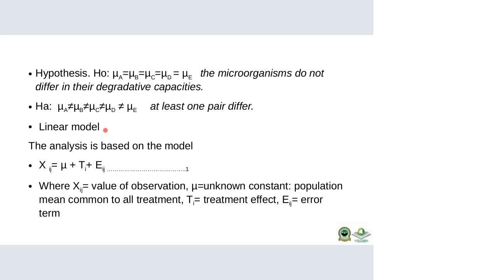Then we have a model that goes with this CRD. The analysis is based on the model. This model is Xij equals mu plus Ti plus Eij, where Xij is the value of the observation, mu is an unknown constant of the population, common to all the treatments, Ti is the treatment effect, and Eij is the error term.